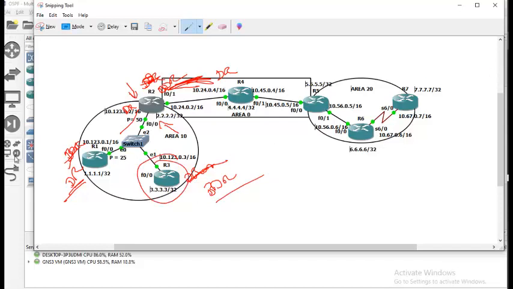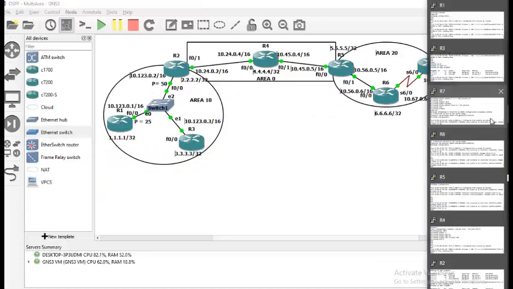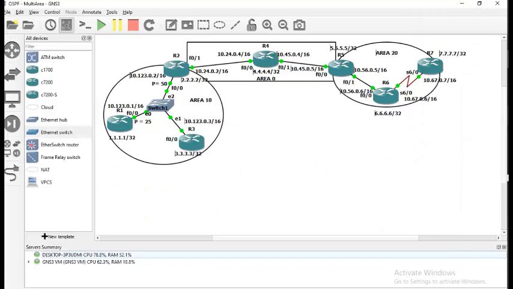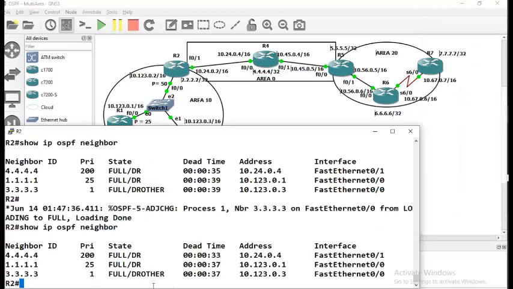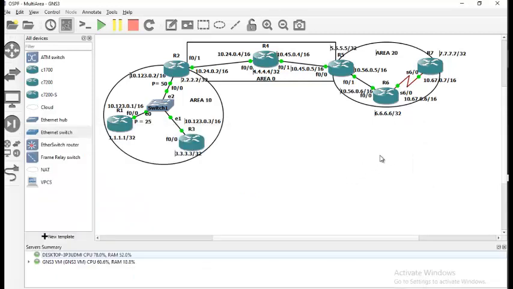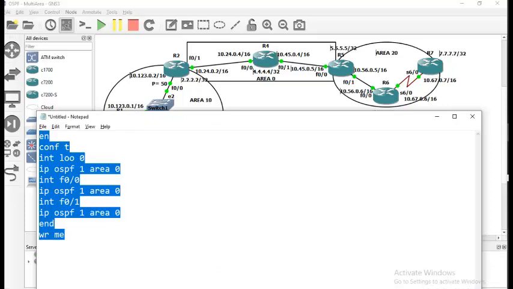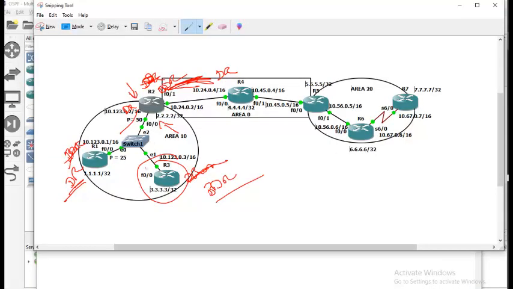That's what really happened. Let us go check one more time on R2. R2, what is the position of R3? R3, yeah, it is DR other only. So, what happened? When the re-election happens, BDR is promoted to DR, and router 2 was not in the picture, and router 3 was about to say, because there is no one else to take BDR, I will take it.